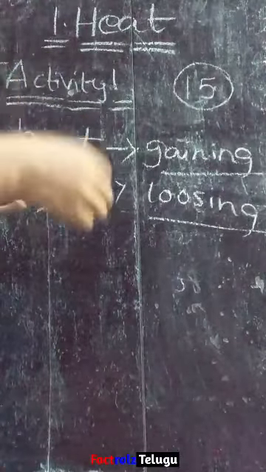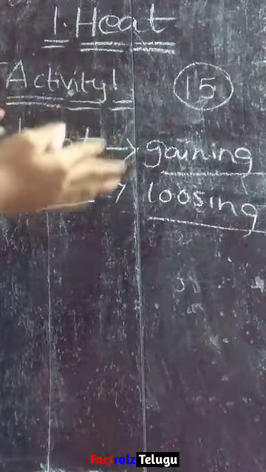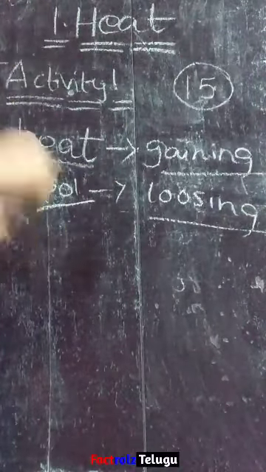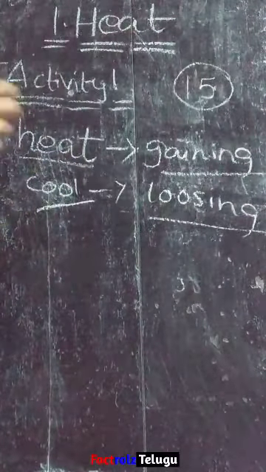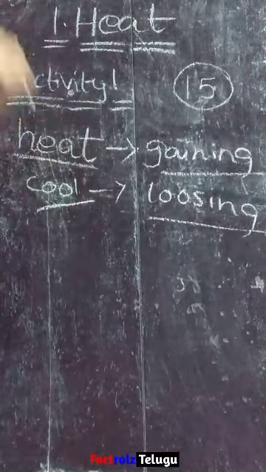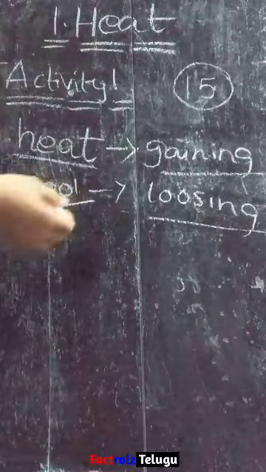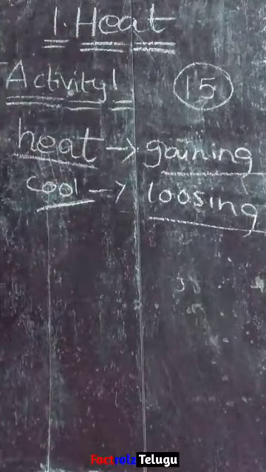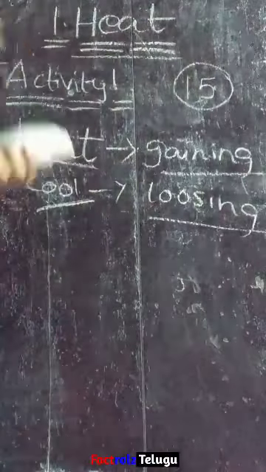So here we can observe the transfer of heat energy, from hand to the ice cube. In this way we can conclude that when a body is in a hot position it is gaining energy, and when a body is in a cool position it is losing its energy. In our chapter, energy means heat energy.